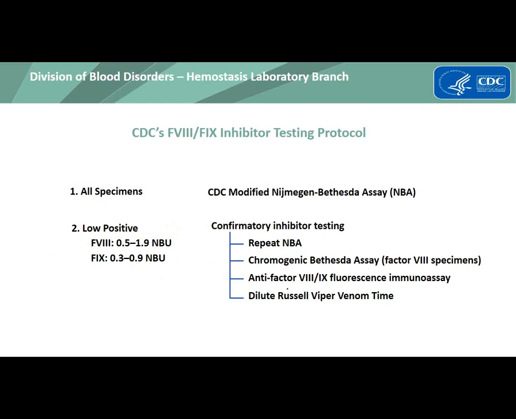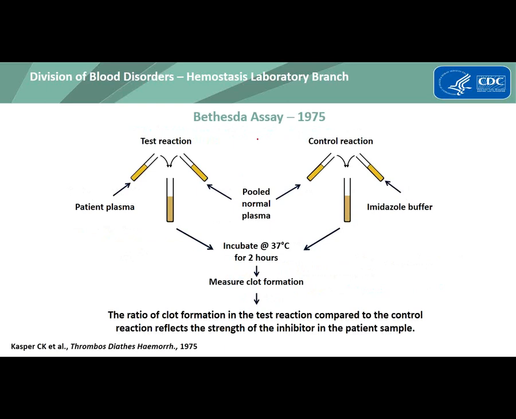And they get an anti-factor VIII or IX fluorescence immunoassay for specimens from patients who have hemophilia A or hemophilia B. And then we also do a dilute Russell Viper Venom time test. And this test is used to identify the presence of lupus anticoagulant, which can contribute to the generation of false positive results when you use the Nijmegen-Bethesda assay. So with that said, I'll move into a description of the assays themselves.